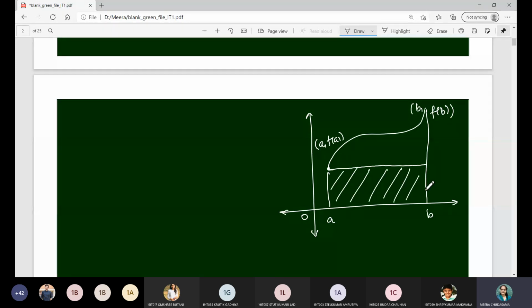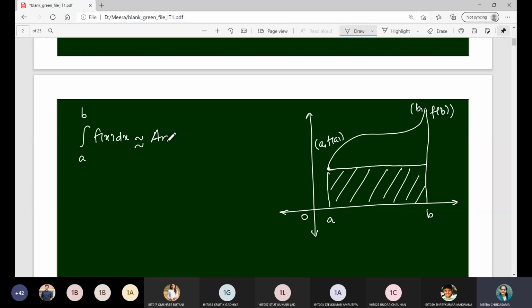So in that case, the integration from a to b of f of x dx is approximated, I will use the approximation symbol because you can see that there is a large part of the area missing over here, right? So it is approximated as the area of the rectangle.